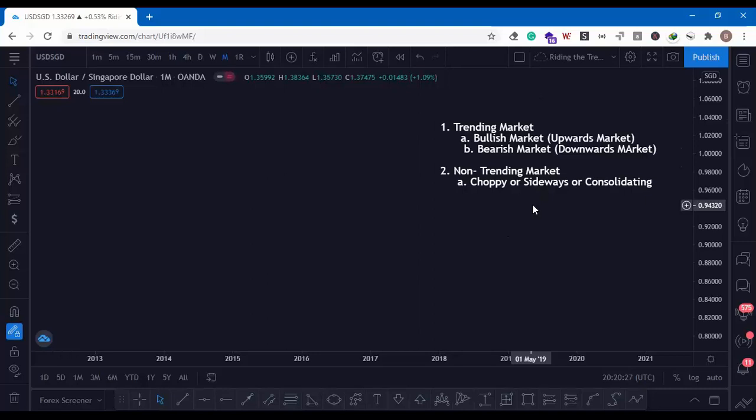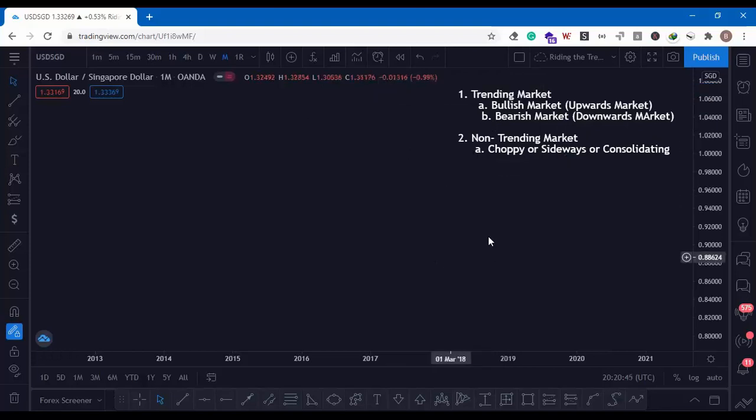It's basically the same thing, but there are several names for it. Some choose to call it sideways, some choppy, some consolidating. So if you hear any of these, it's more of the same thing.